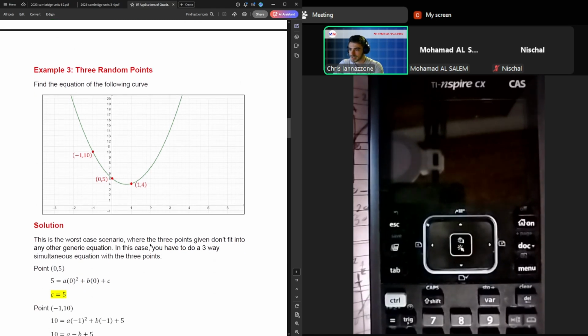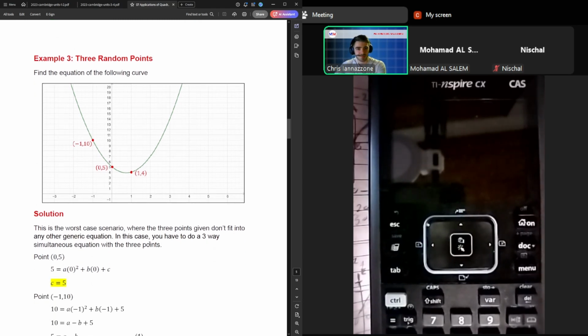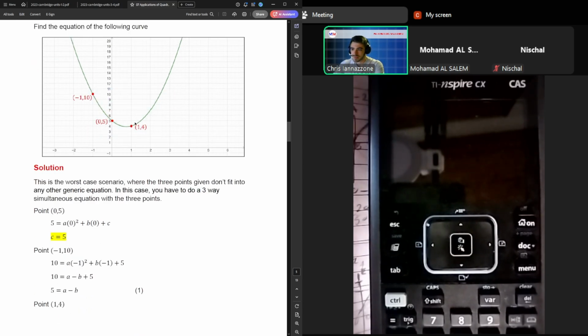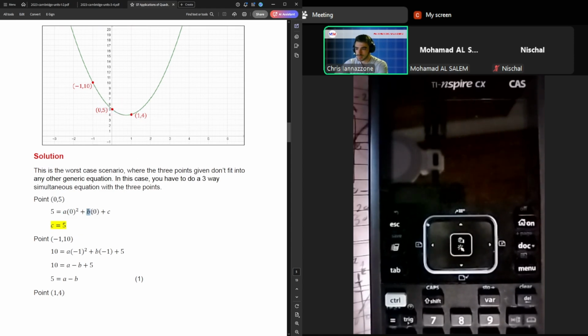Here's the worst case scenario, or at least the second worst case scenario. The true worst case would be if you don't have a y-intercept. If you have 3 random points, you're kind of just stuck with using ax squared plus bx plus c. What that means is you sub each of these points into ax squared plus bx plus c, and you do a 3-way simultaneous equation.